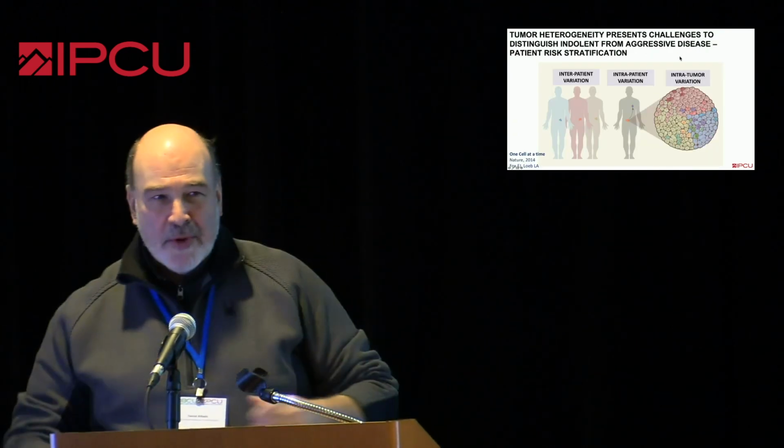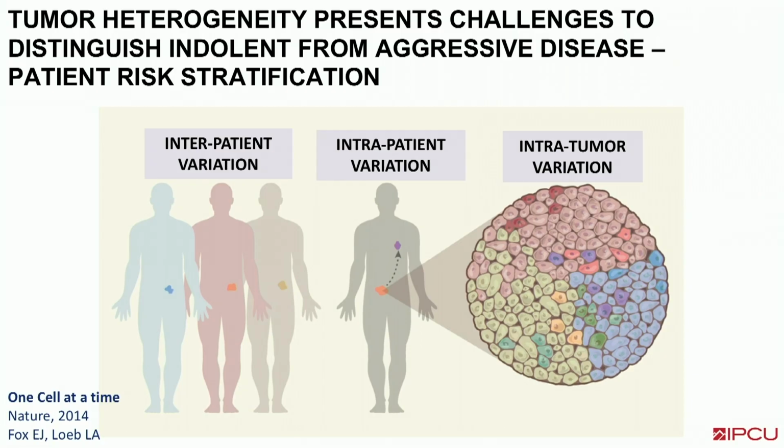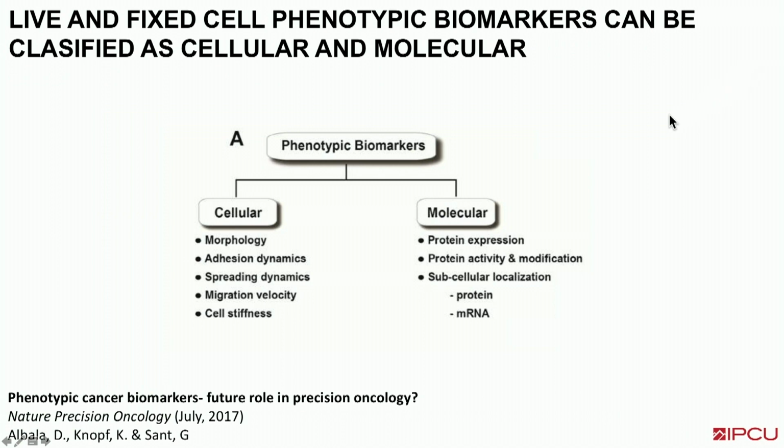So we know that there's tumor heterogeneity that exists, and indeed that really causes a challenge for us. There's inter-patient variation and intra-tumor variation that exists when we talk about prostate cancer cells. But we can take phenotypic markers, both cellular and molecular. On the cellular side, we look at morphology, dynamics of adhesion and spreading, and cell stiffness.